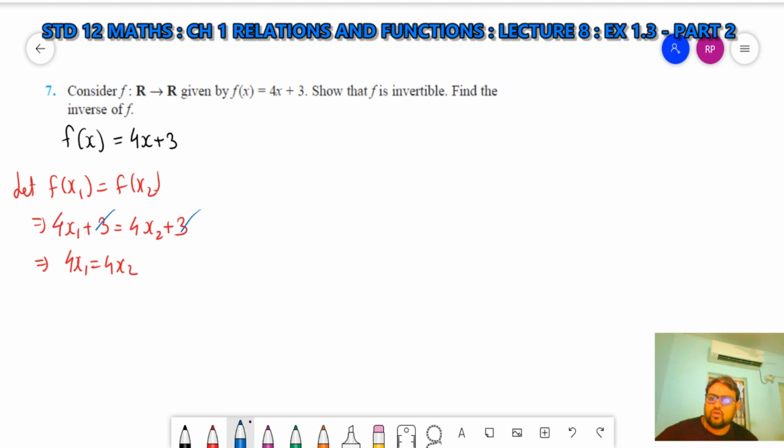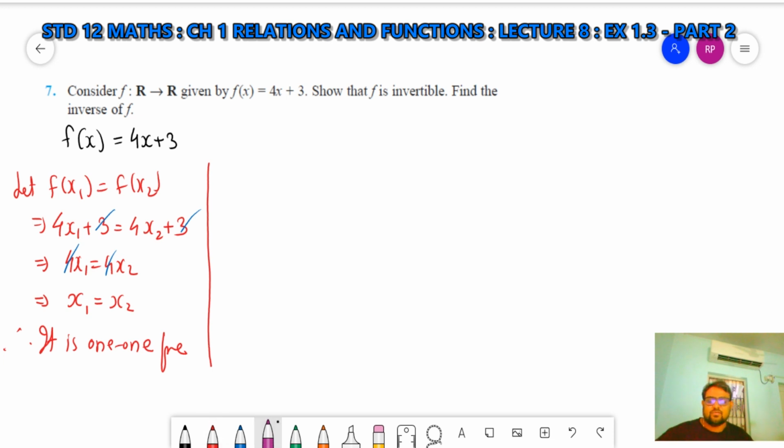The 4 will also get cancelled. So what does this show? This shows that x1 is equal to x2. We started with f(x1) equal to f(x2) and we proved x1 is equal to x2. Therefore, it is a one-one function.